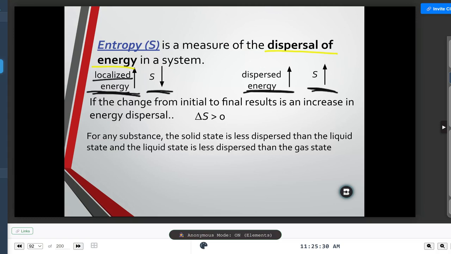One is localizing the energy and one is dispersing the energy. And so that's why both arrows can be pointed up in this case. And so if our change from initial to final results is an increase in energy dispersal, our entropy value is going to be greater than 0. For any substance, the solid state is less dispersed than the liquid state, and the liquid state is less dispersed than the gas state. Okay?